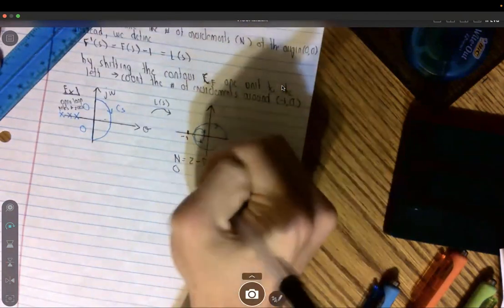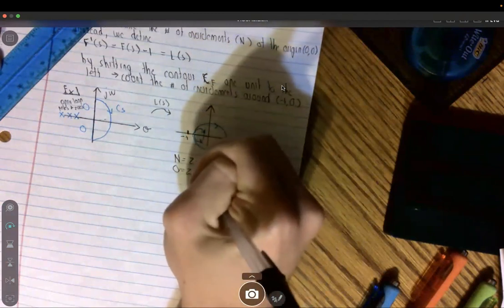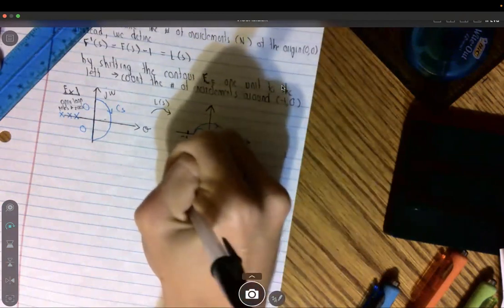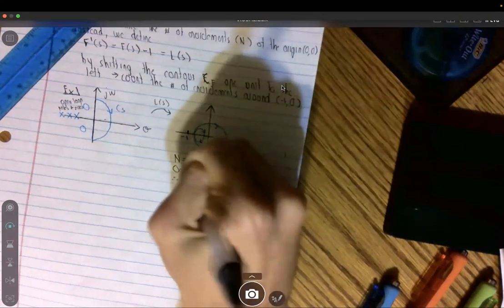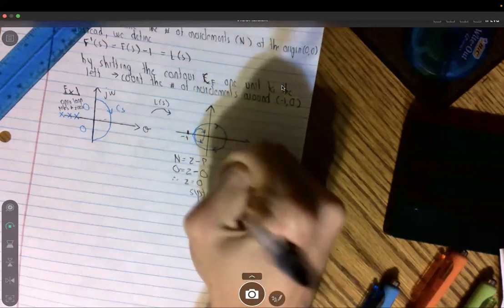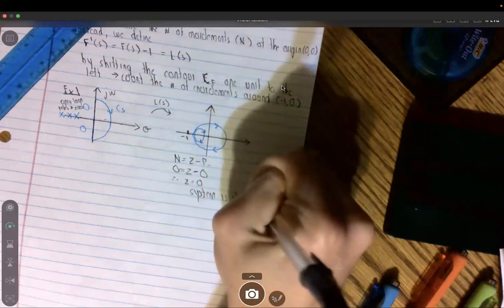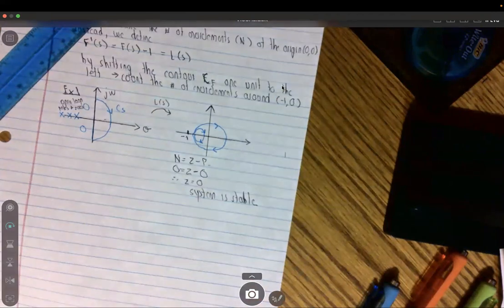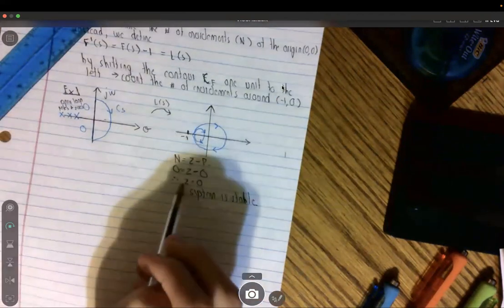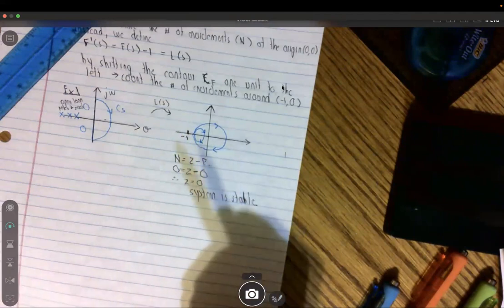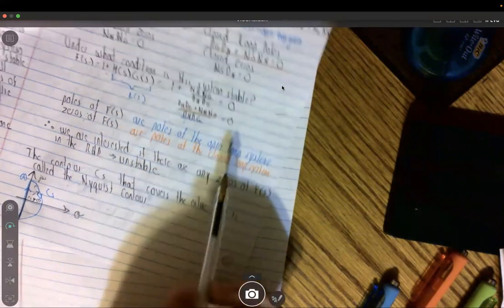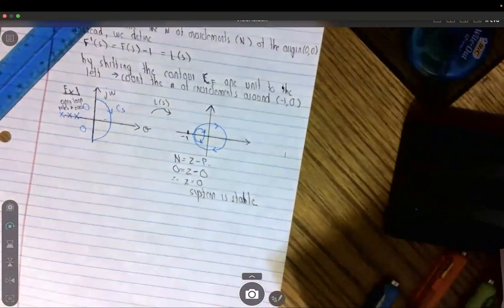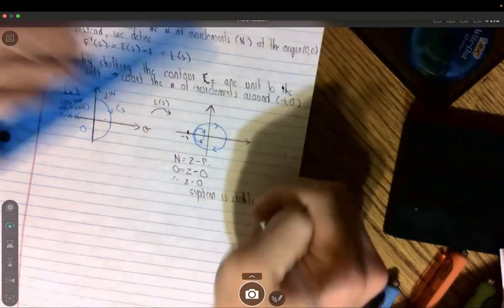No. So this is 0, and so Z, therefore, must be 0. So the system is stable. Because remember, we're so interested in these zeros in the right-hand plane, because the zeros of F of S are poles in the closed loop system, so that would mean it's unstable. So the system is stable right here.